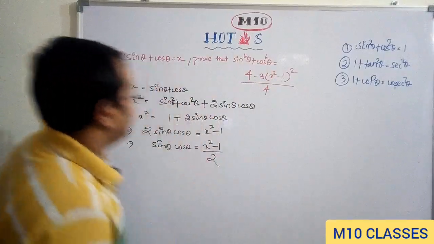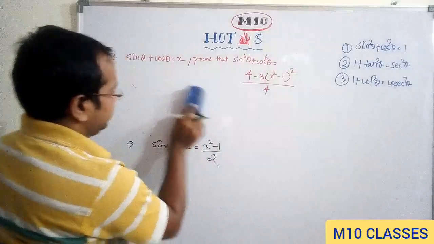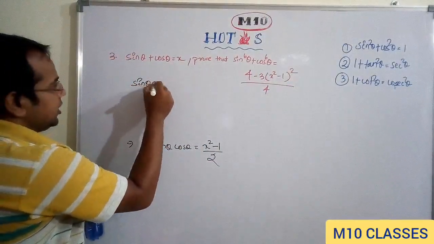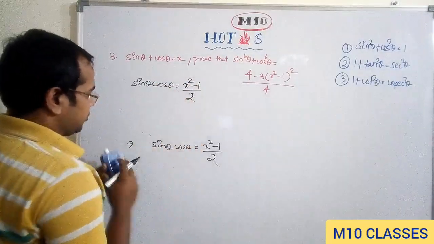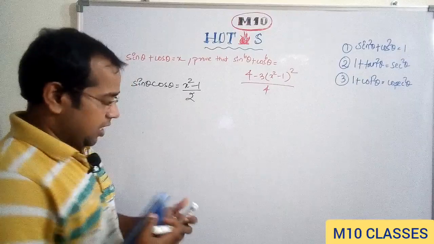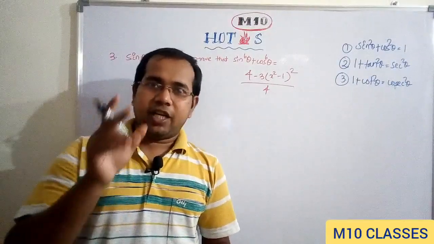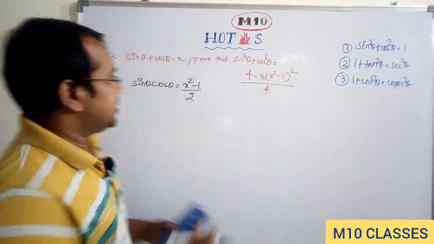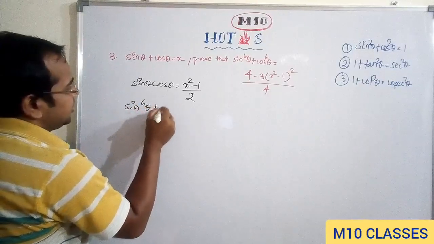So let us write it here first. So we are getting sin theta into cos theta equals x square minus 1 divided by 2. Now, as I have already told you, while solving these trigonometric identities, you need trigonometric identities as well as algebraic identities. Now see, the question is in the form sin to the power 6 theta plus cos to the power 6 theta.